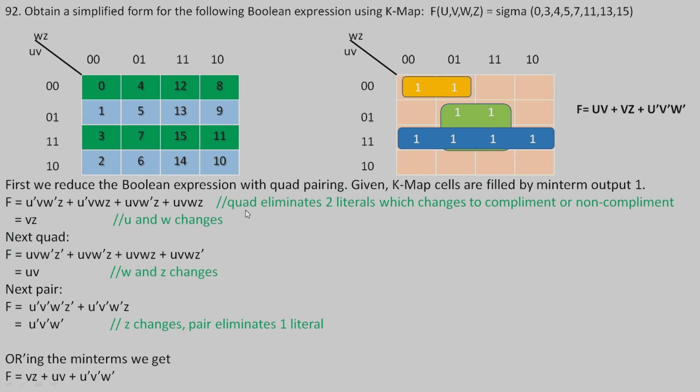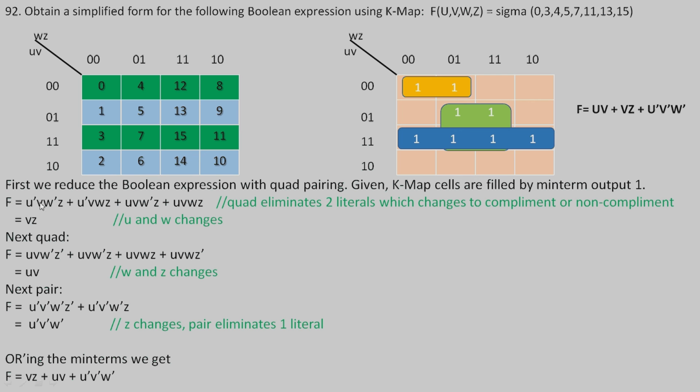Now in a quad we eliminate two literals, that is the literals which change from complement to non-complement or non-complement to complement. Here you can see that u changes from 0 to 1, v remains the same, w changes from 0 to 1, and z remains the same. So u and w are eliminated, and we get the output v and z.